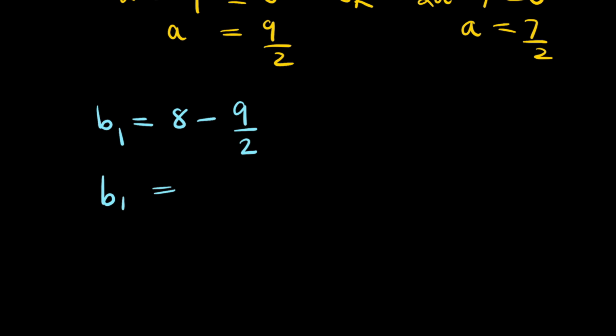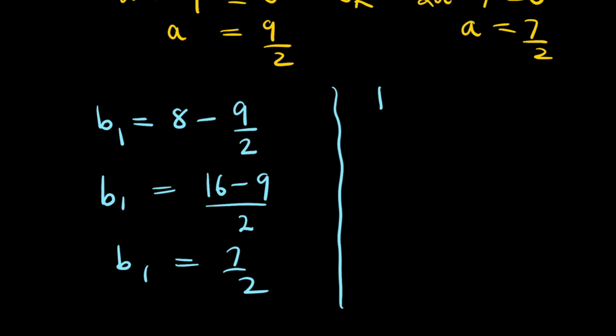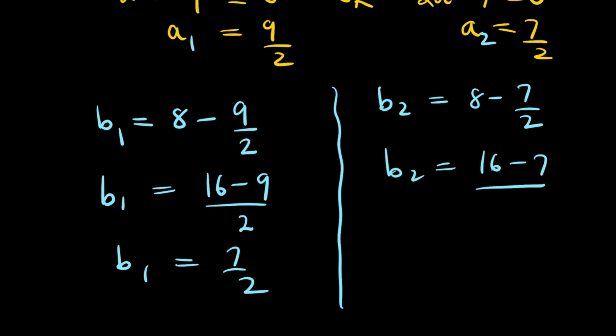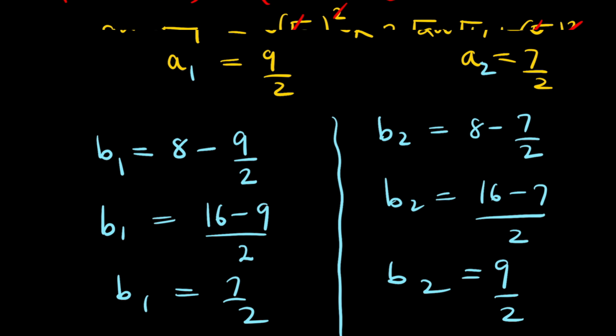That means b1 is equal to 8 minus 9 over 2, which will give us 7 over 2. And for the second one, b2, so this is a1, this is a2, this would be 8 minus 7 over 2. So b2 is equal to 9 over 2.